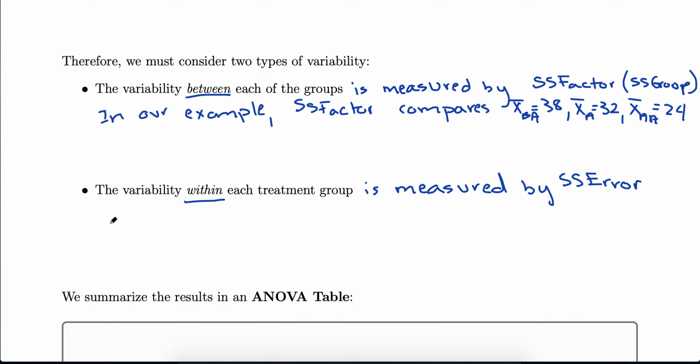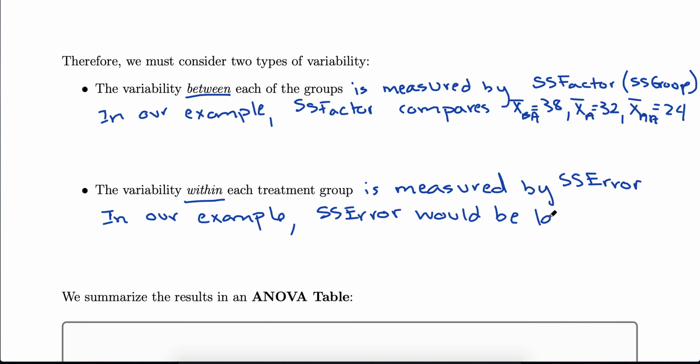And in our example, if we looked at our two scenarios, which one would have a larger SS error? Yeah, the second scenario, scenario B, because there was a lot more variability within each group in that particular setting. So in our example, SS error would be larger in scenario B.